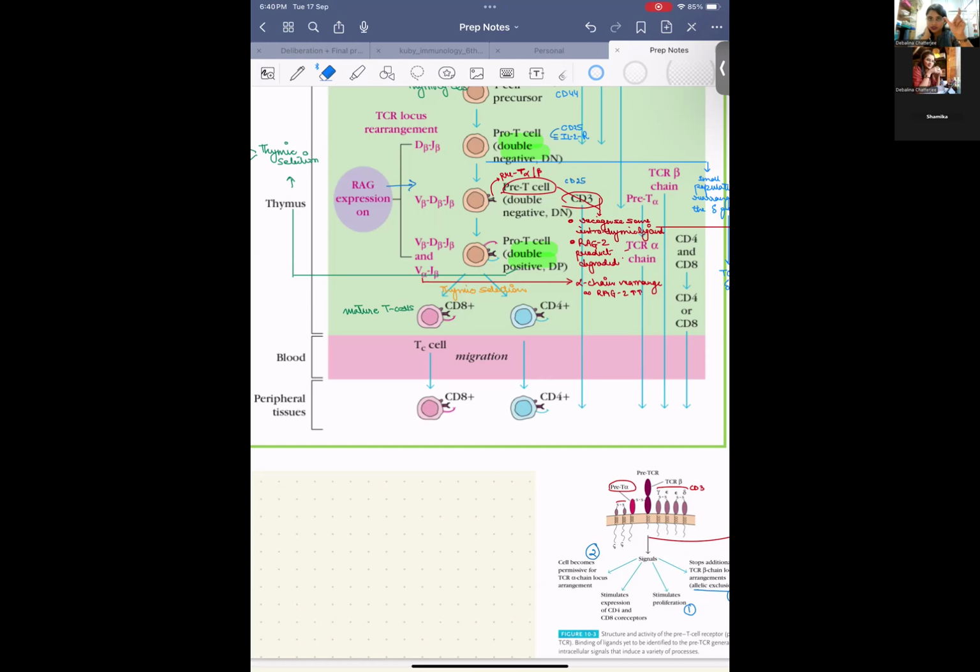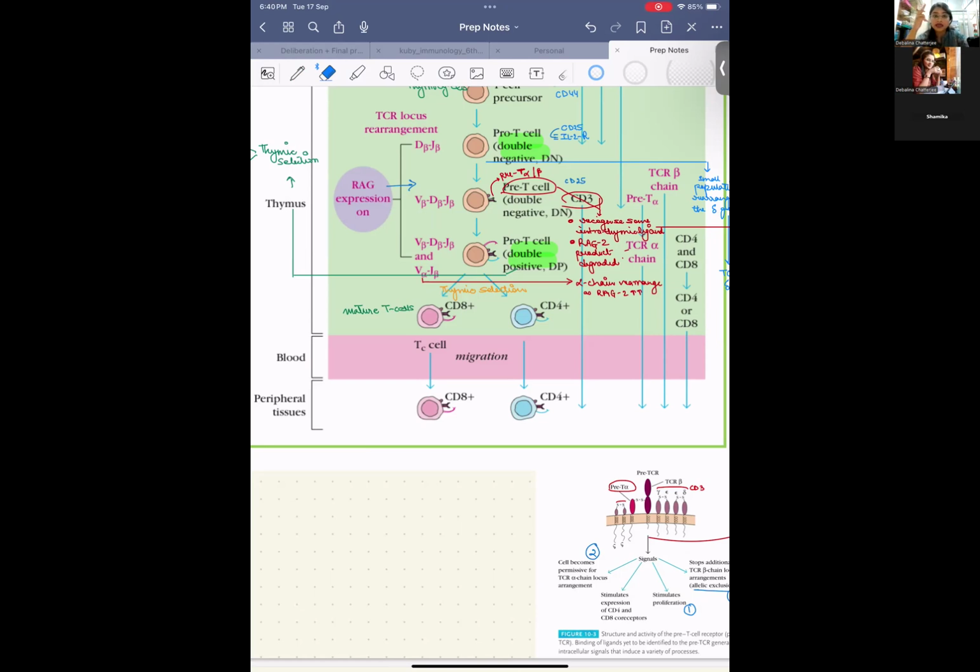We will see how this permission is given exactly. But before the permission is given out, we already have 10 cells with the same type of beta chain on it. Now, all of these cells independently are going to get a chance to rearrange their alpha chain.